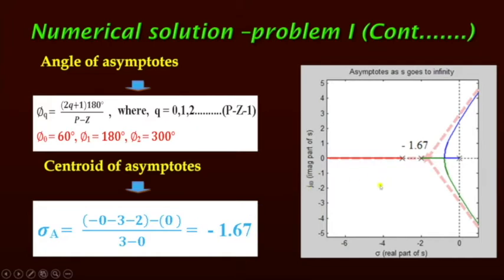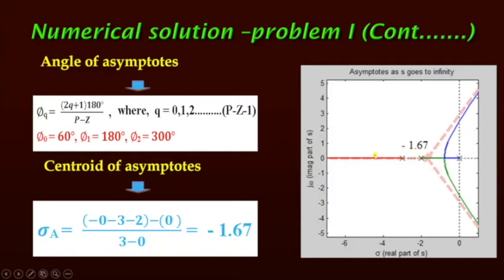Then draw the asymptotes, centroid of asymptotes and angles of asymptotes in a plane. Here is -1.67. Then draw 60 degrees from this real axis, this angle is 60 degrees. Then draw 180, so this is 180.